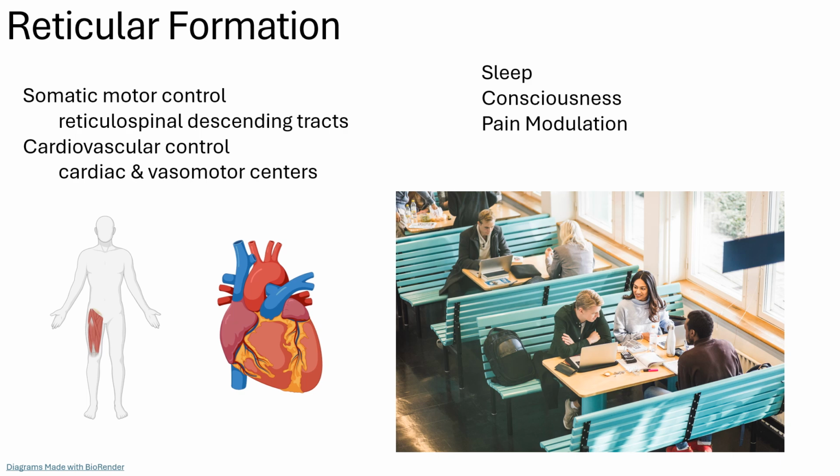And the reticular formation works with these areas to control your motor output to neuromuscular junctions, but it also helps control your output to your cardiovascular organs, your heart, your blood vessels, and your lungs, regulating your breathing rate and your intake of oxygen, and thus your production of ATP.